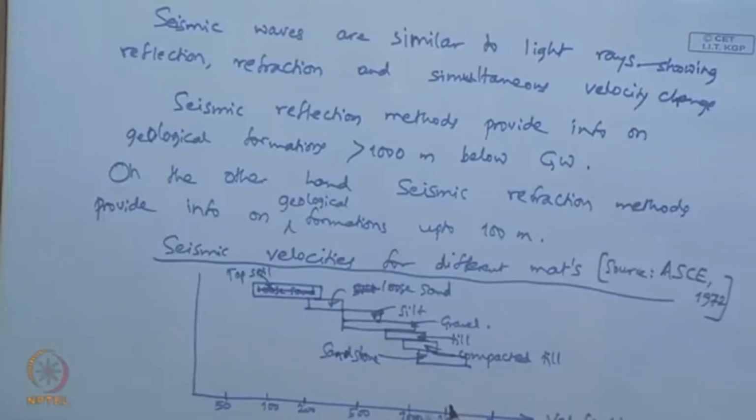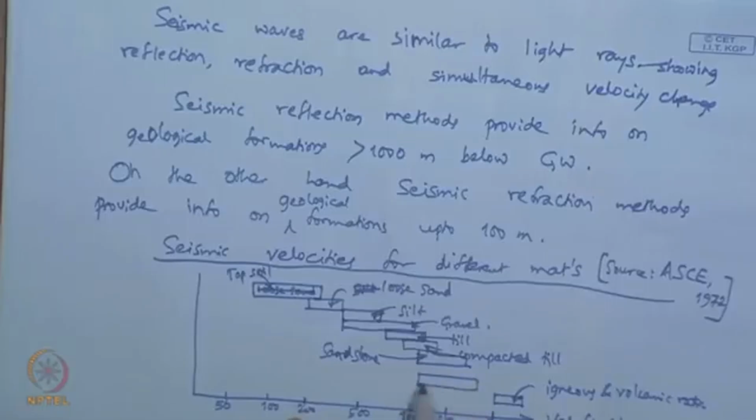And the highest seismic refraction velocity is for igneous and volcanic rocks. In between you have the sedimentary rocks.